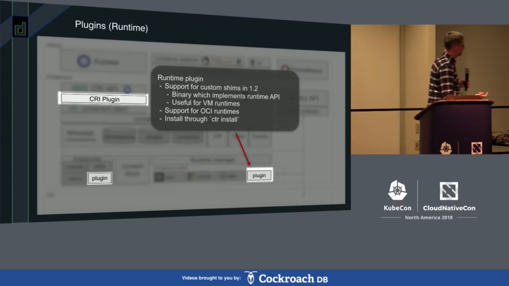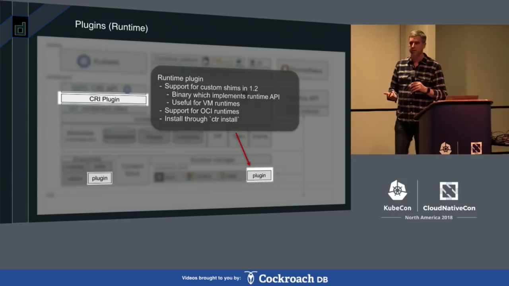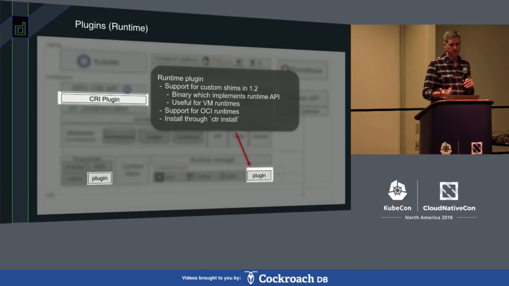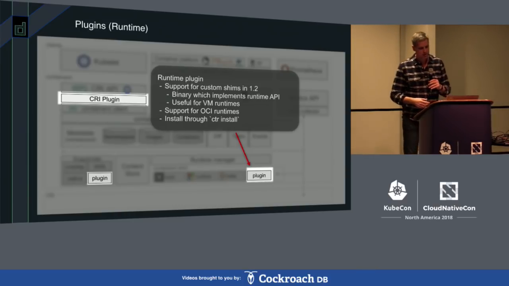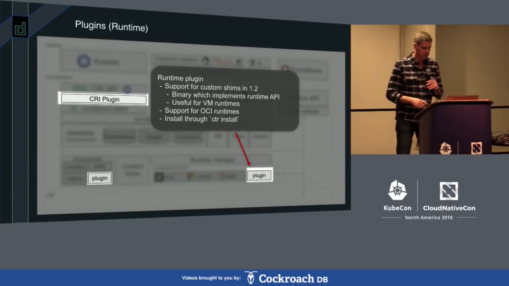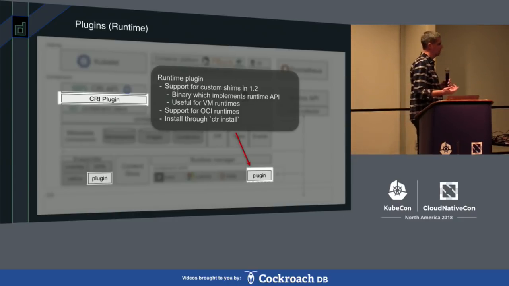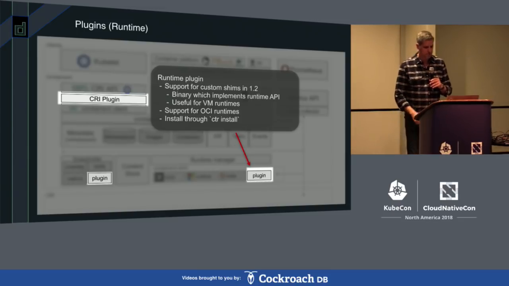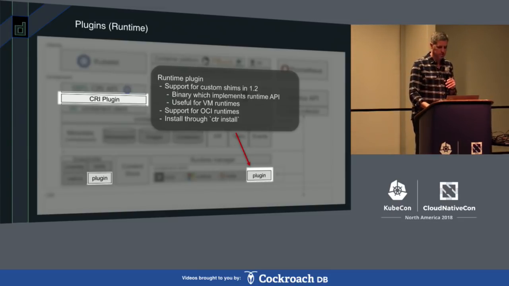So you can write your own shim. And as I mentioned, in Containerd 1.2 that API has been clarified and solidified, and we have people like the Kata team and others who have been happy with that API and found it useful for their use cases. We also have a ctr install command where you can add these runtime plugins on the fly to your Containerd installation.